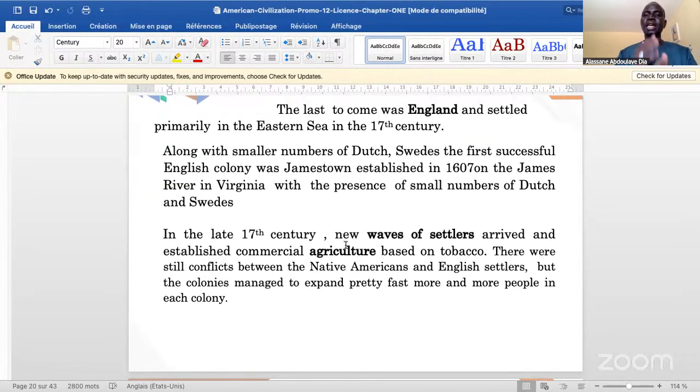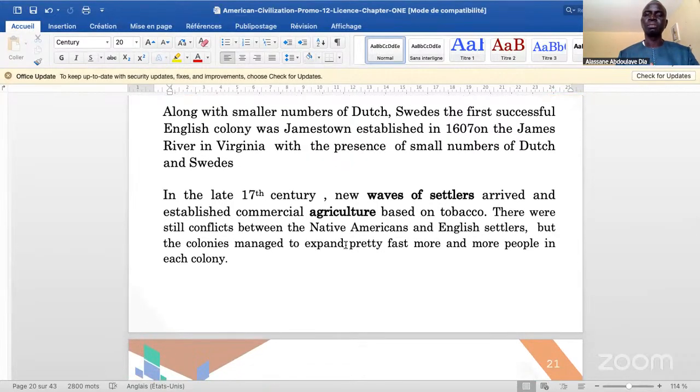And they settled in the Eastern Sea in the 17th century. What did they find there? They found there small numbers of Dutch and Swedish. The first successful English colony was Jamestown, established in 1607 on the James River in Virginia, with the presence of small numbers of Dutch and Swedish.